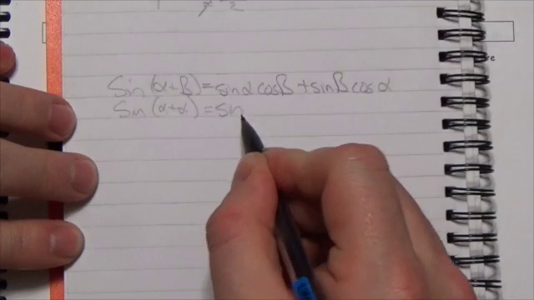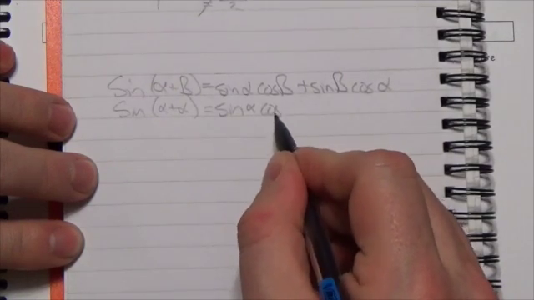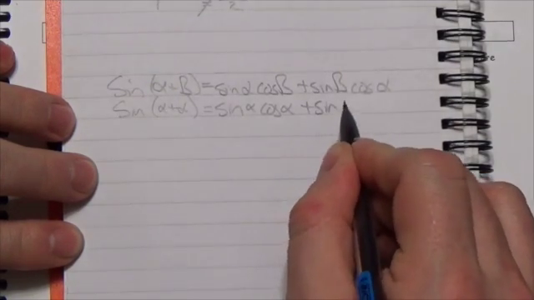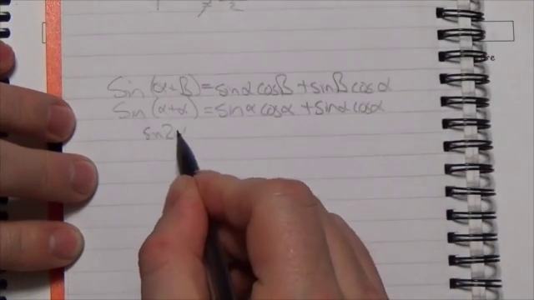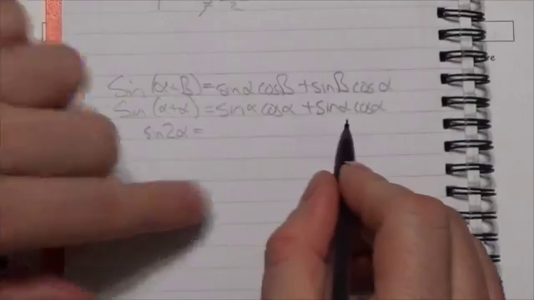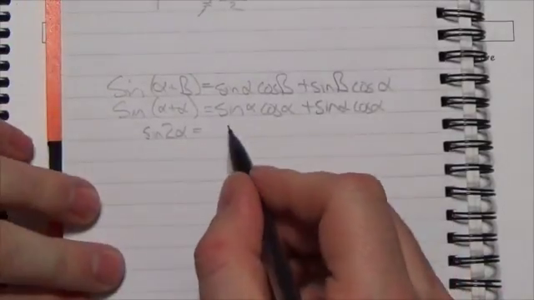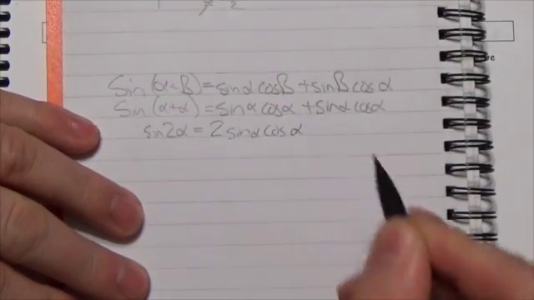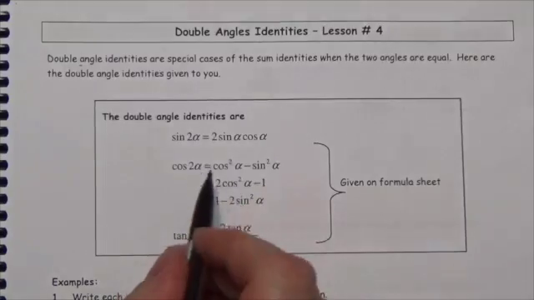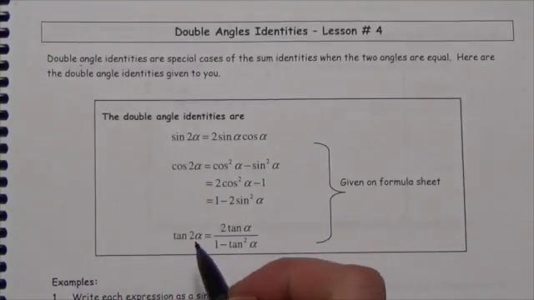Then this becomes the sine of alpha cosine of alpha plus the sine of alpha cosine of alpha. So the sine of 2 alpha is basically this expression twice: 2 sine alpha cosine alpha, which is exactly what you're seeing here as our first identity.